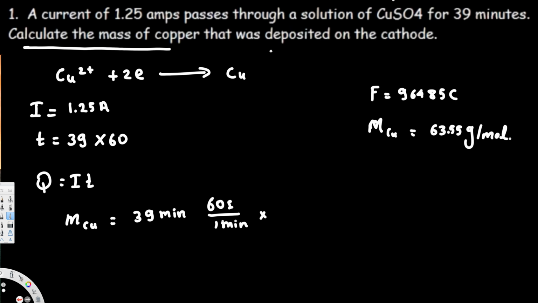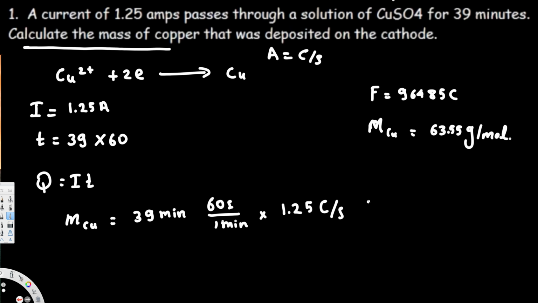Ampere is also equivalent to coulombs per second, so you can write 1.25 coulombs per second, because that way it's easy to see the units cancelling each other. You can already see the minutes cancel, the seconds cancel, but we have this coulomb.